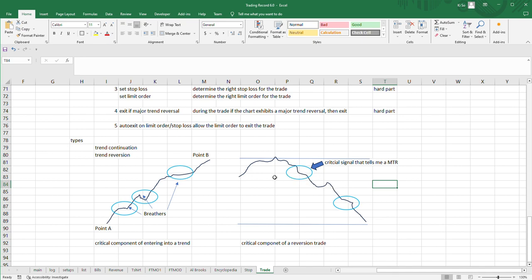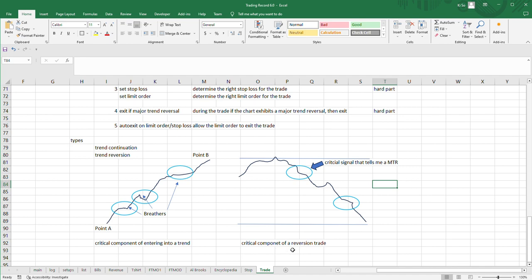But the major signal is when I look at this particular point of interest, what separates this upward trajectory to be still considered as a trend, but it creates this particular signature, which is different than this signature, that allows me to conclude that it is a major trend reversal. That is the critical difference between entering into a trend and a reversion trade.